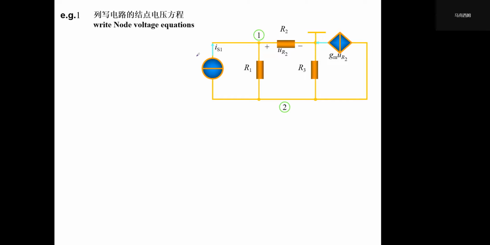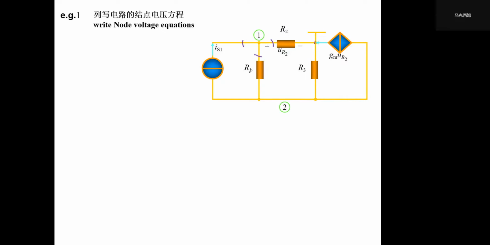For example, let's write node voltage equations in this circuit. Since we only have 2 nodes, it's very simple. Only 2 to write, and we select this part to be the ground zero. So for node 1, I have 3 branches connected to it, so it's very easy.